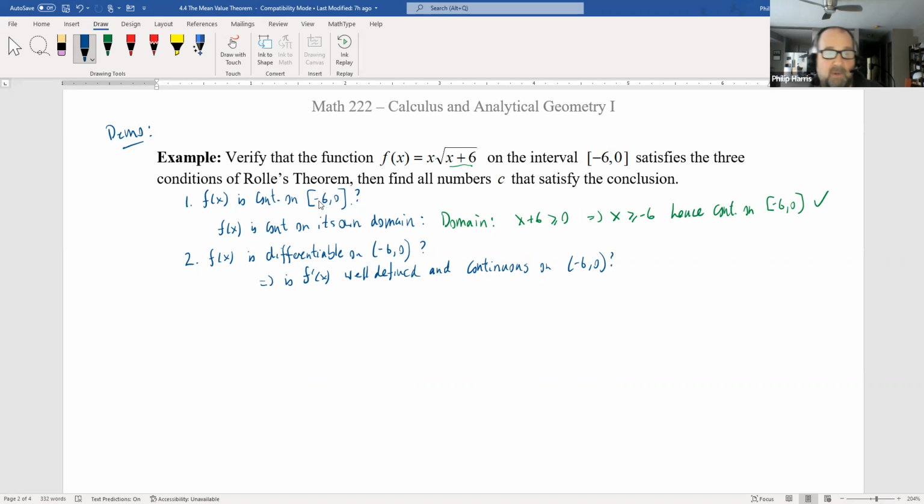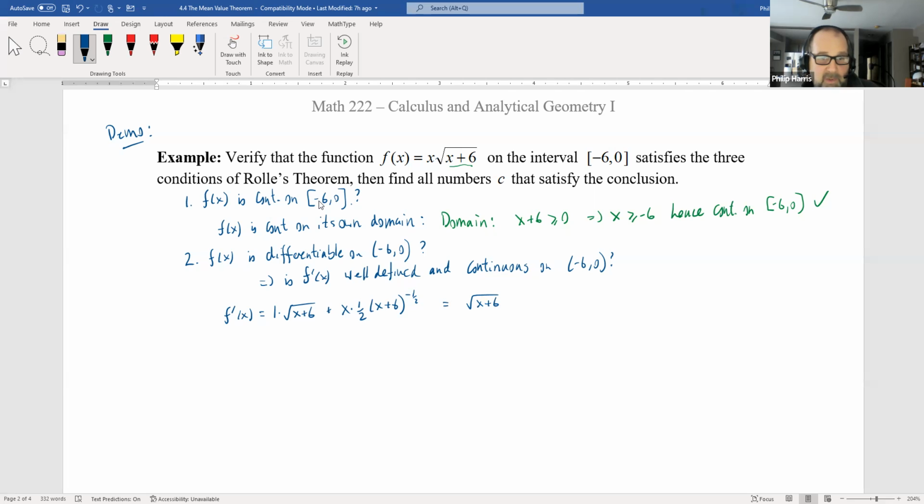Is this the case? Let us see. We're obviously going to need to find f prime of x, which requires a product rule: the derivative of x times the square root of x plus 6, plus x times the derivative of the square root of x plus 6, which is 1/2 (x plus 6) to the negative 1/2.